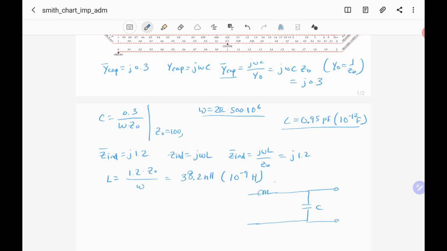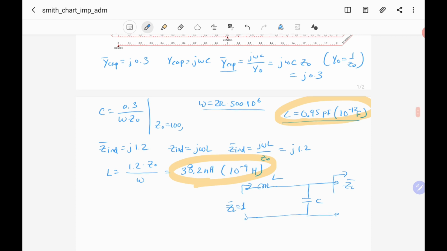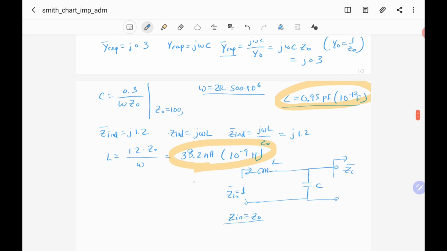If I have C and L with these values, normalized Zin is 1, which means Zin becomes Z0. So it's matched to the Z0 transmission line.